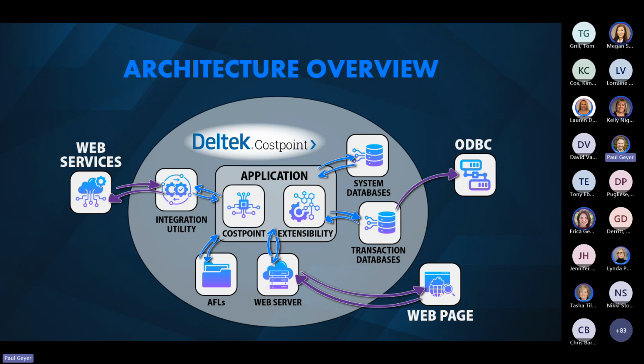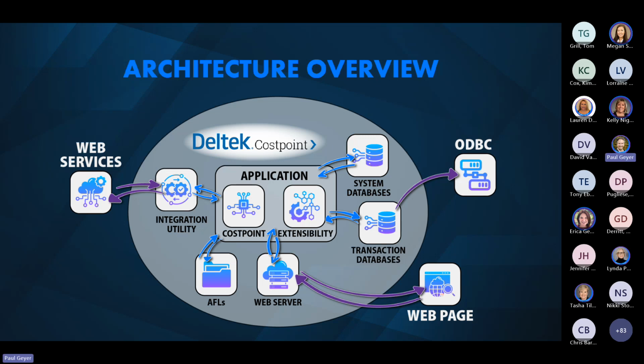Also in Costpoint, we're going to talk about one common integration, and that's the bottom left. You'll see our alternate file locations, or AFLs. Those allow us to put files on a Costpoint or linked server that extensibility code can then read and process. Generally, these files are structured.